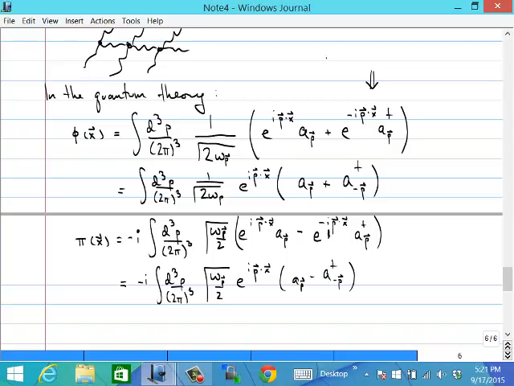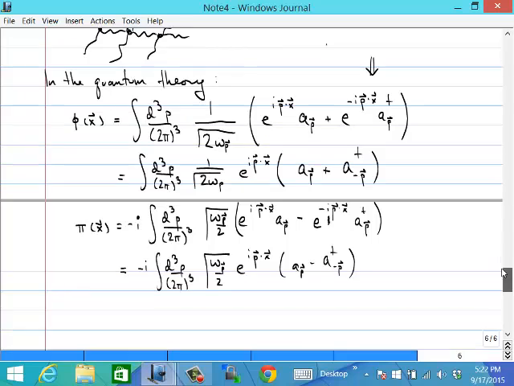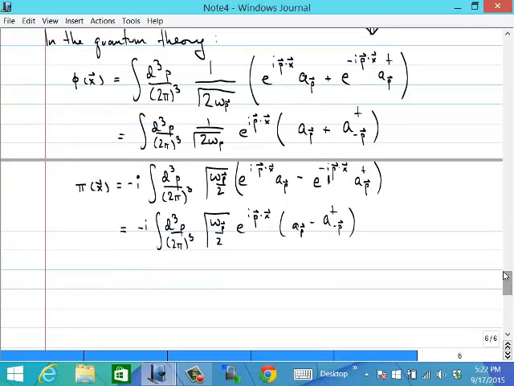Good. All right. So what do we want to do? What we want to do is understand how to impose the canonical commutation relations.